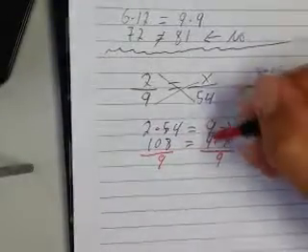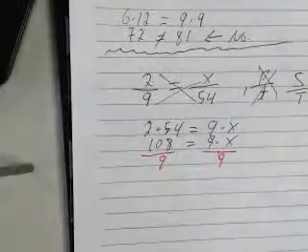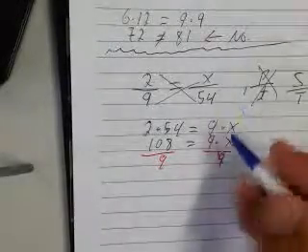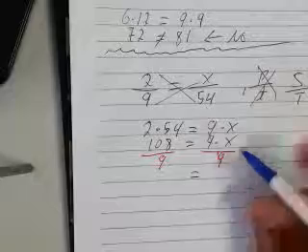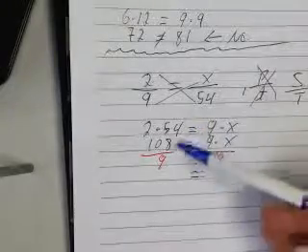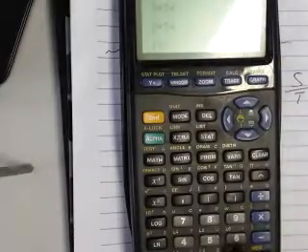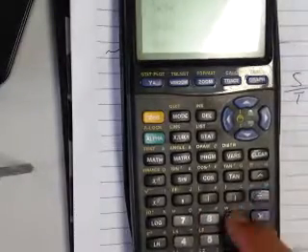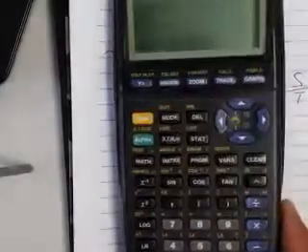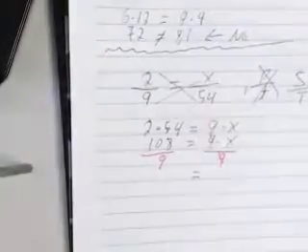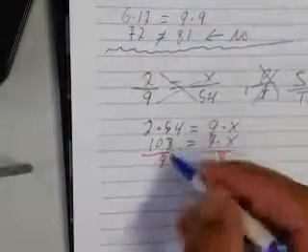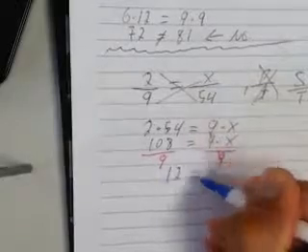Okay? What happens is this 9 and this 9 cancel, and I will have, look, the equal sign under the equal sign. So 108 divided by 9, I'm going to use my calculator to go faster. 108 divided by 9 is 12. So this divided by this is 12.